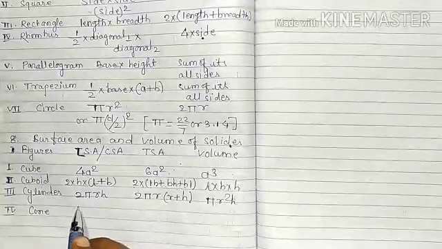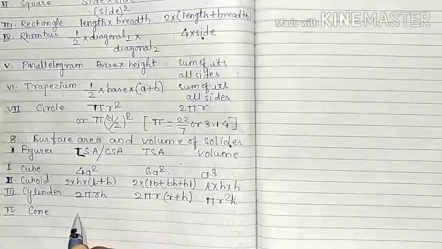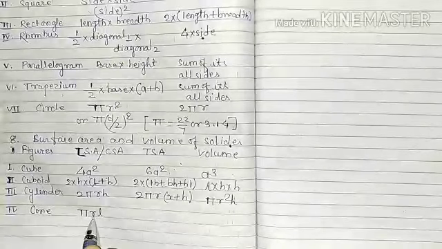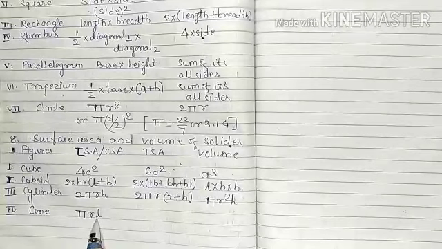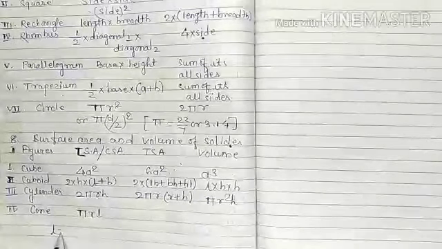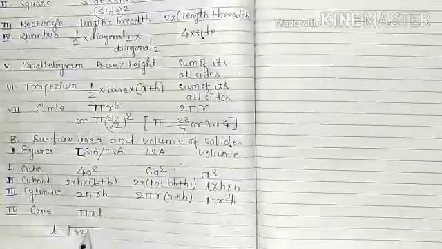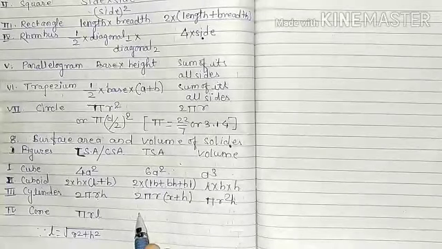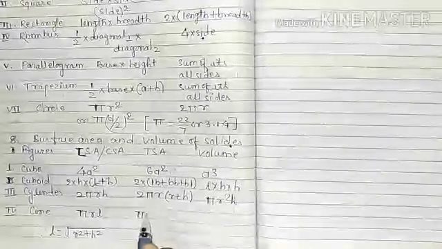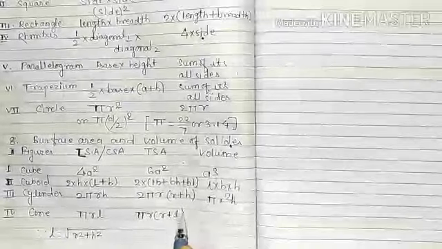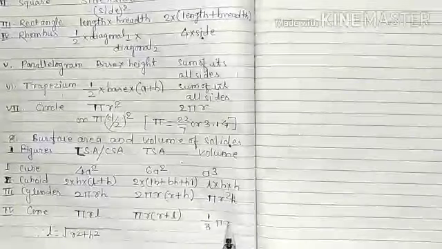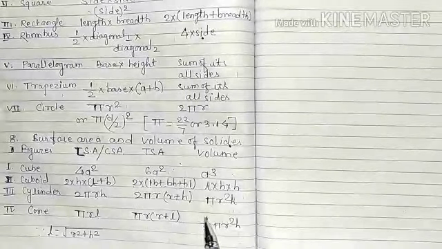In a cone, curved surface area of a cone is pi r l. r is the radius of the base of the cone and l is the slant height of the cone, where l is equal to root over r square plus h square, and the total surface area of a cone is pi r into r plus l, slant height, and its volume is 1/3 pi r square h.